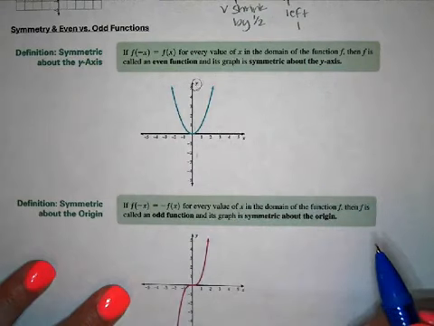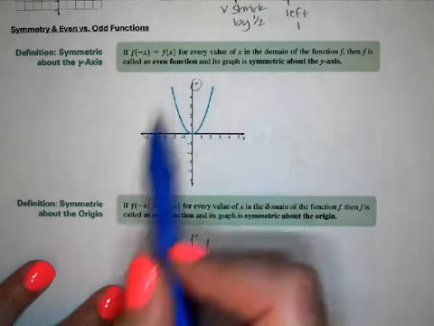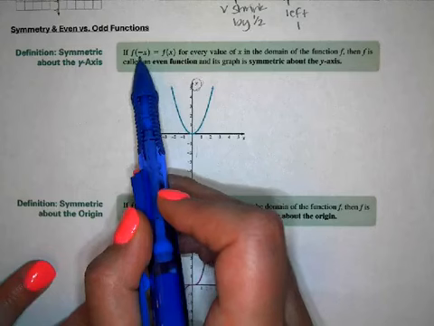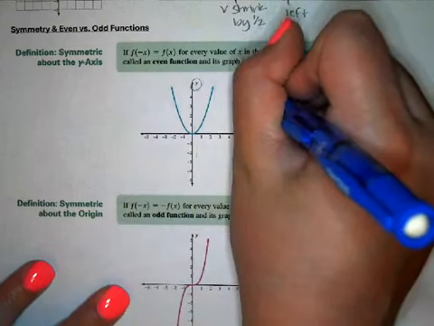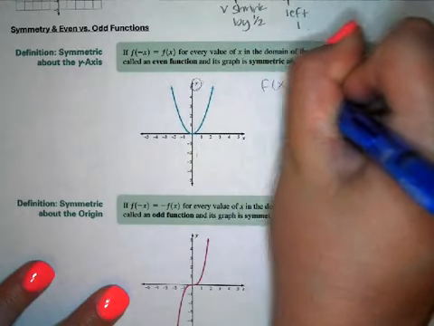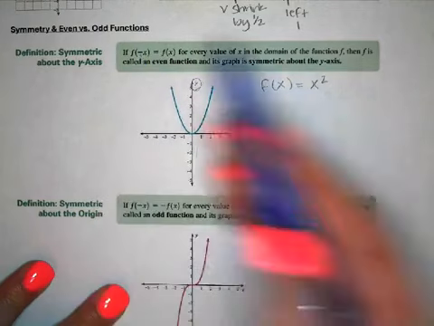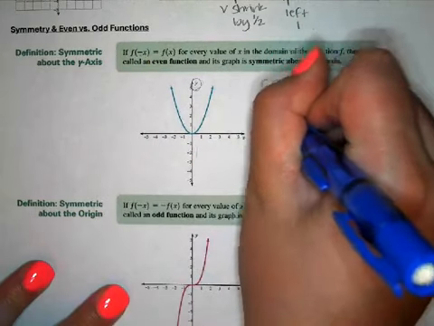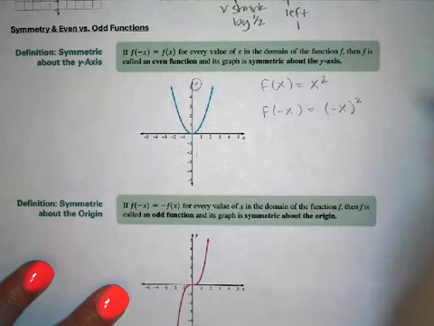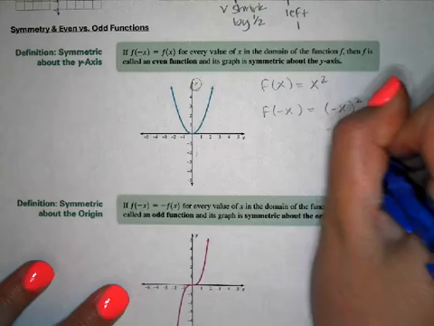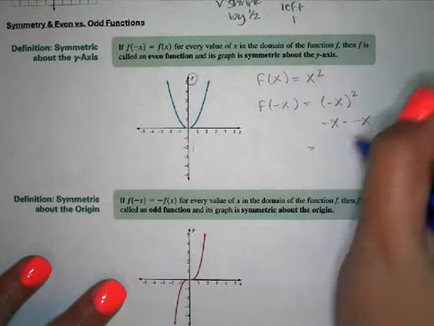And another way that you can see is by actually plugging in -x to the function to see what happens. So this is our function, f of x equals x squared. And if I take this function and plug in -x, I end up getting -x times -x. That's what x squared means. And that gives me x squared. -x times -x is just x squared.